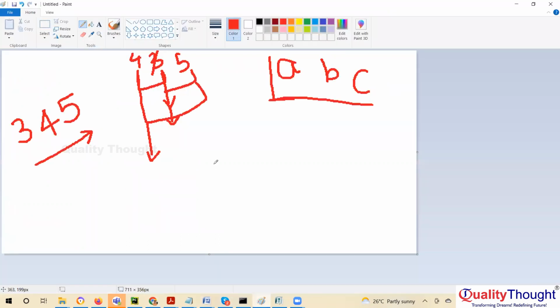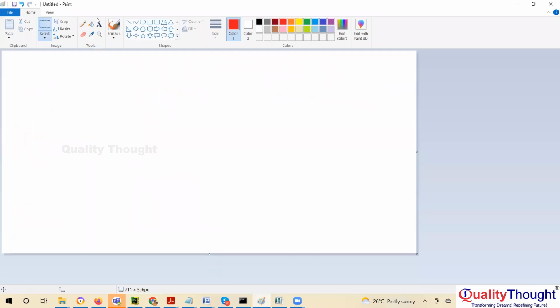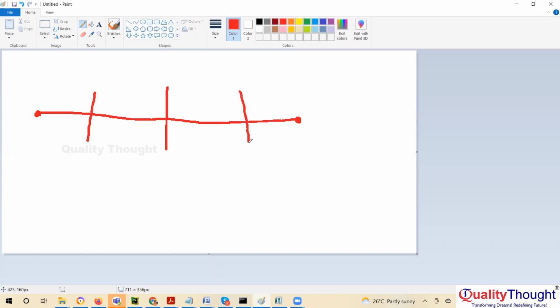So if you have a data set, something like this, right? This is your minimum. This is your maximum value, highest value. This will be your median value, and half of this is your quartile, right?